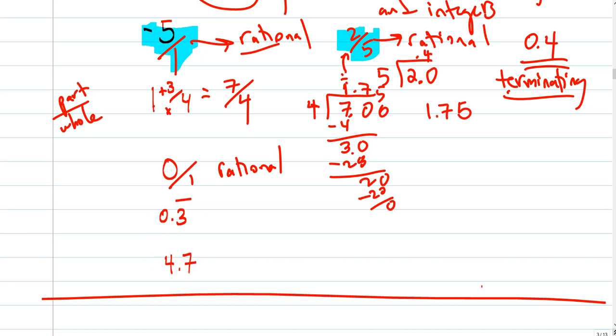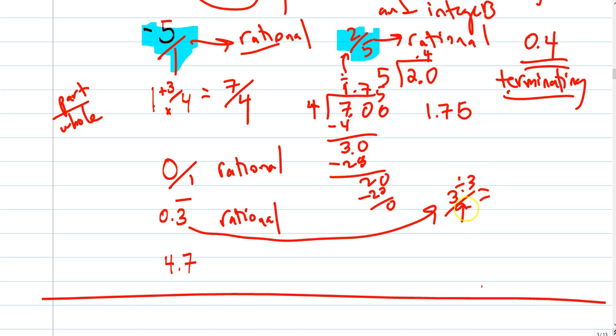Well, I already told you 0.3, any repeating decimals, this is going to be rational. You're like, really? But I thought you said ratio means it has to be a fraction. Well, that's what's kind of cool about any repeating decimal can be written as a fraction. This 3, basically, and this is kind of a trick, you take whatever's being repeated, the 3, and you divide it by a 9. 3/9 is the same thing as, divide the top and bottom by 3, 1/3.